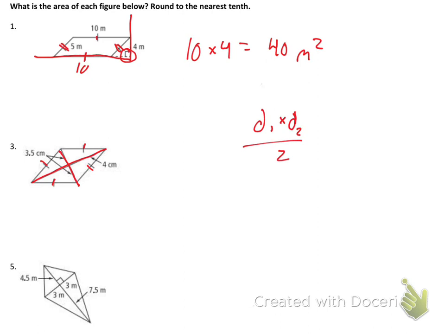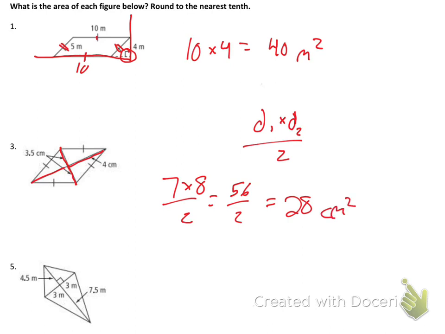So if I erase this just so you guys can see the diagonals, this diagonal right here is going to be 7 because it's 3.5 each. So I'd have 7 times, and then this is 4 here, and this is 4 here, so it'd be 8, over 2, so that's 56 over 2, and I would just go to my calculator. 56 divided by 2 is 28. So it'll be 28 centimeters squared.